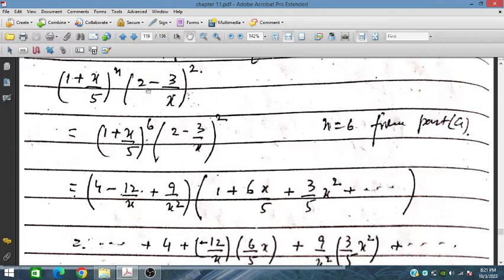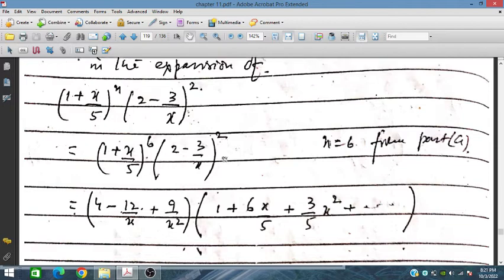So in solving this, we have this relation. Okay. So this part is this. For n is equal to 6, this part is this, and for this 2 minus 3 upon x square is this. So we have to find the value independent of x.